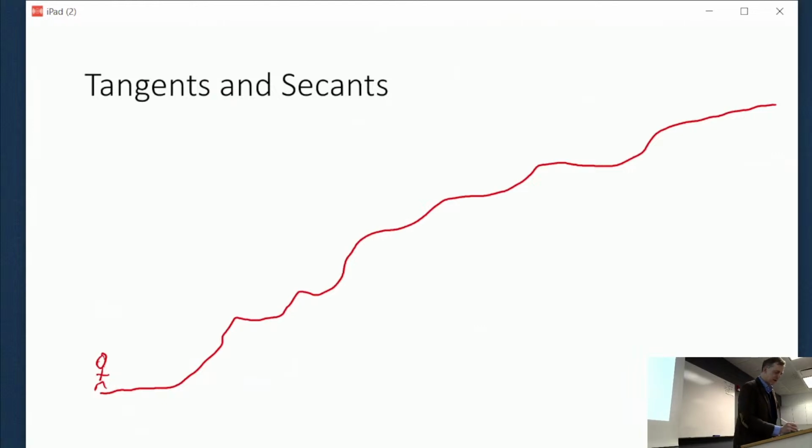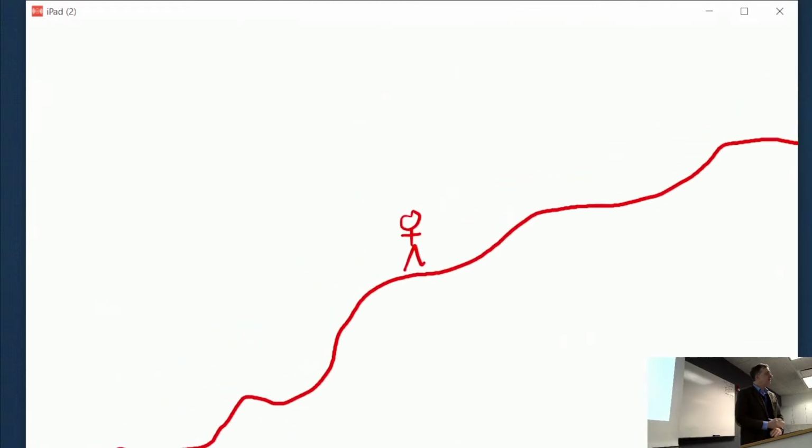So you start down here, you end up here. When you're standing on the trail, like right here, you're like, hey, that's not very steep at all. Whereas if you're standing on the trail here, this is steep. So this is like easy.